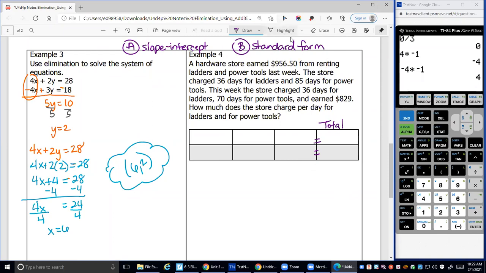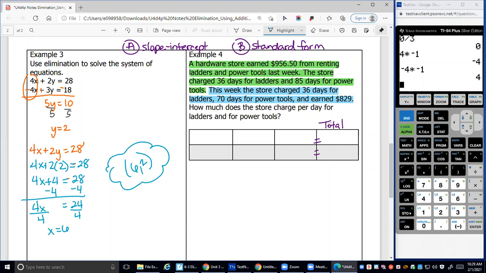So that's one scenario. And then you have the next one. This week, the store charged 36 days for ladders and 70 days for power tools and earned $829.